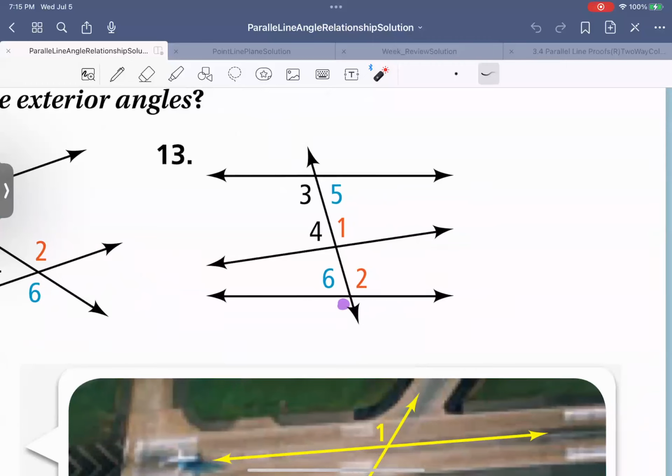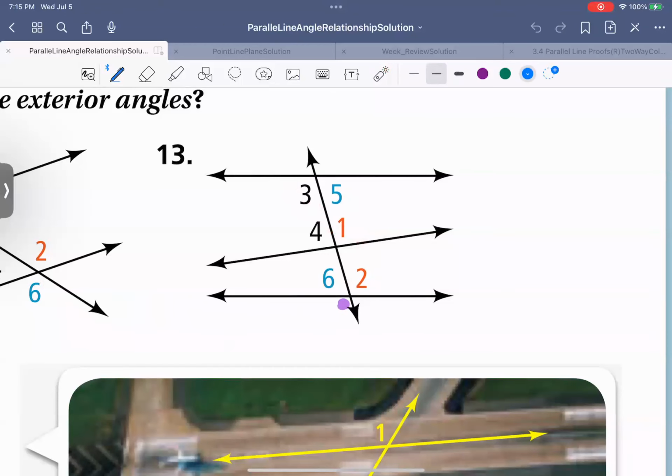I will call every student to make sure you know this. Jeffrey. Number 2, number 5 is called what? Same side interior angles. Very good, excellent. Timothy. Number 3 and number 1. Alternate interior angles. Very good.